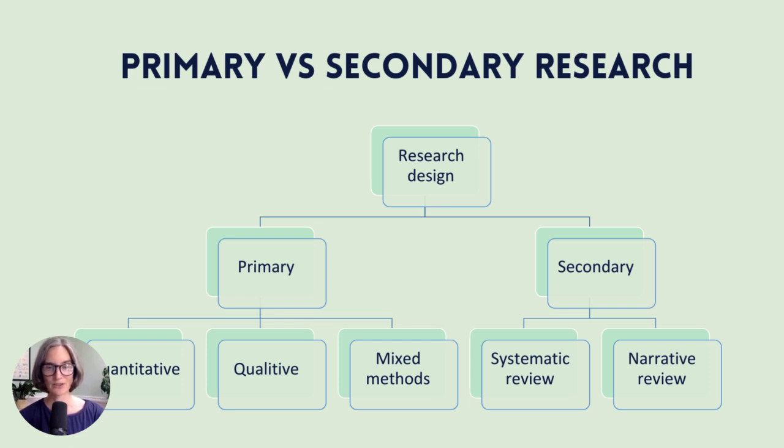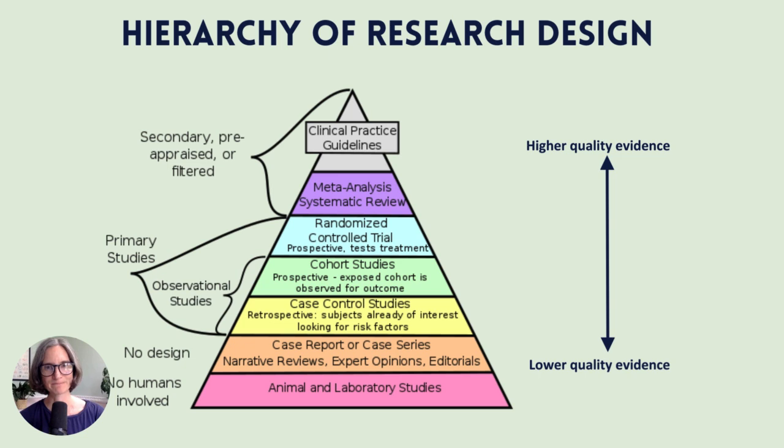Secondary research, you could look at doing a systematic review or a narrative review or a literature review done systematically or a scoping review. There are lots and lots of different types of review, so we don't need to go into that now. But just to say, when you do secondary research, you're using other people's primary research to provide a really thorough synthesis.